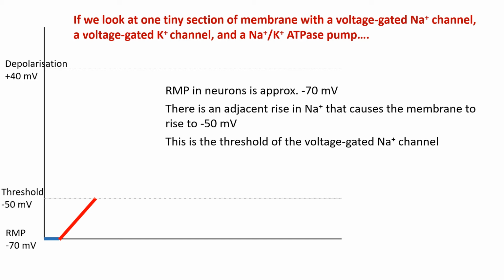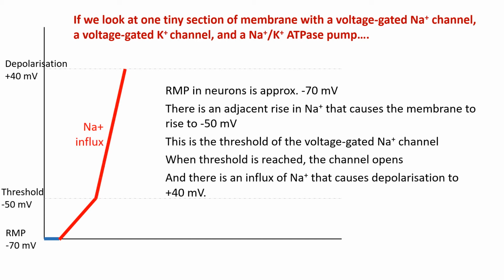As you can see on that red line, it's now reached threshold. So because it's reached threshold, the channel opens. When the channel opens, there is an influx of sodium following its electrochemical gradient. That influx in that tiny area of sodium causes depolarization up to plus 40. So in our tiny area of membrane, we have now depolarized due to sodium influx.